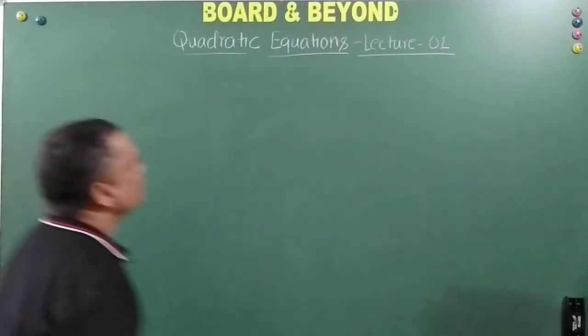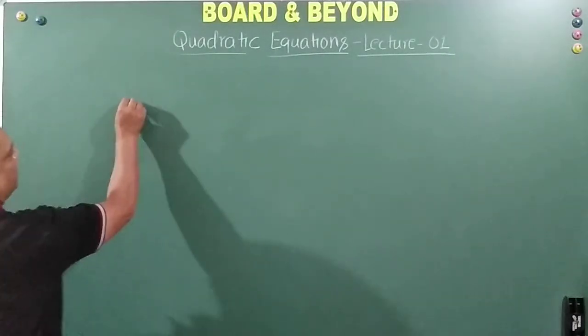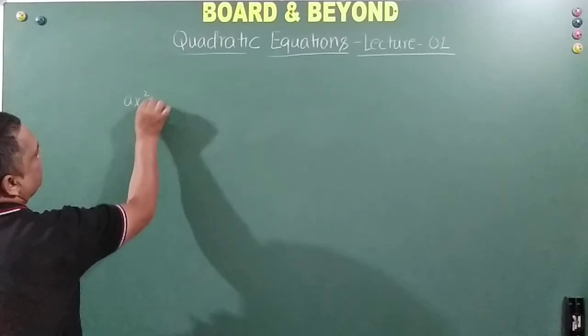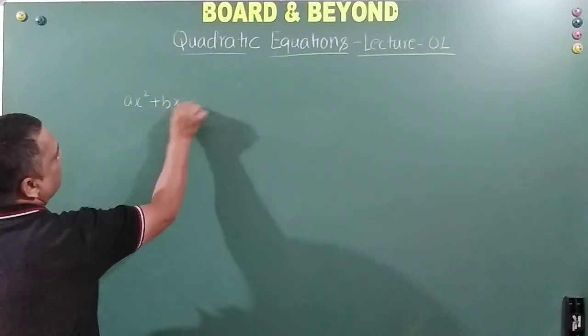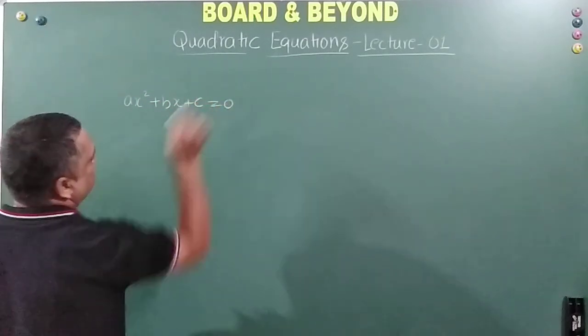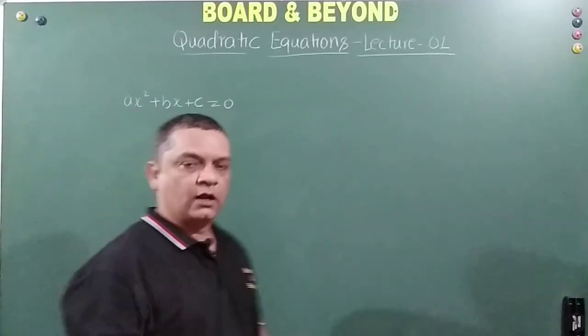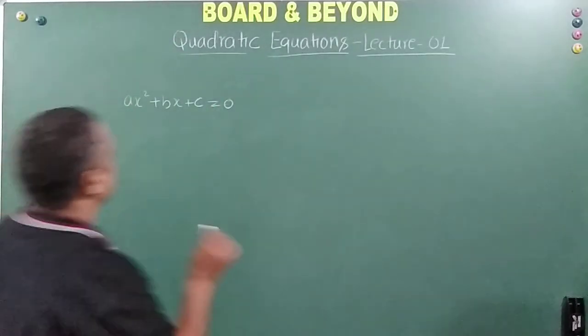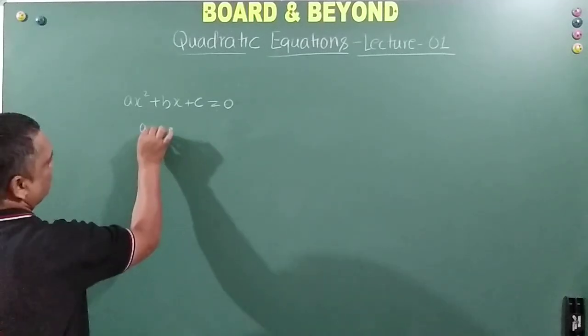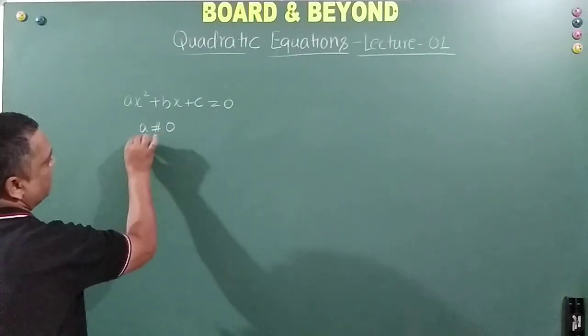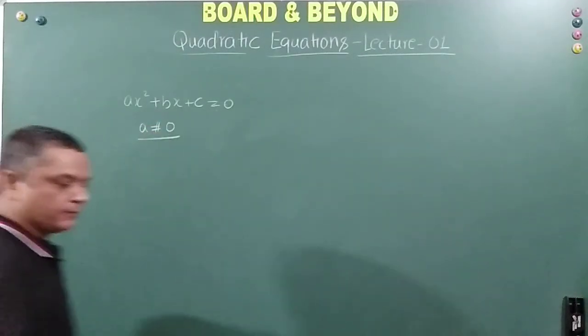Any expression of the form, let us say ax square plus bx plus c is equal to 0, is said to be a quadratic equation if a is not equal to 0. Why should a not be equal to 0?